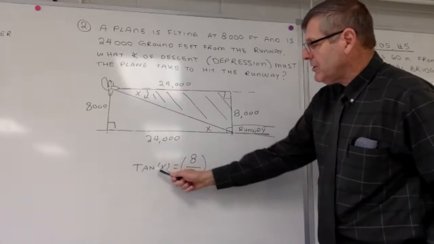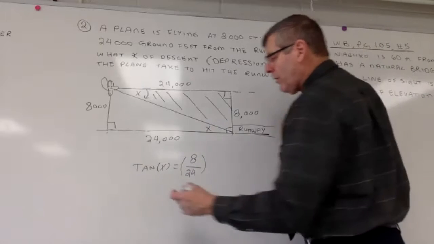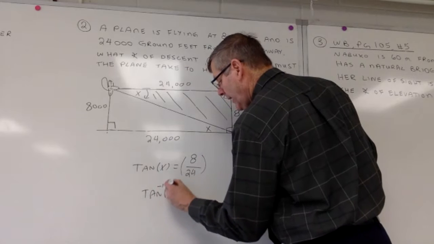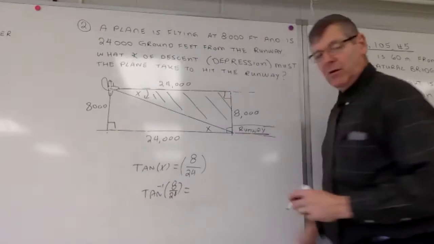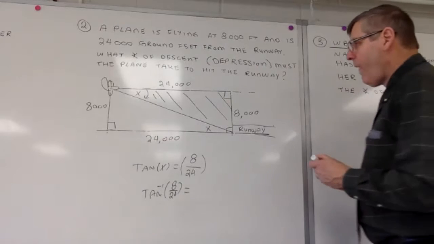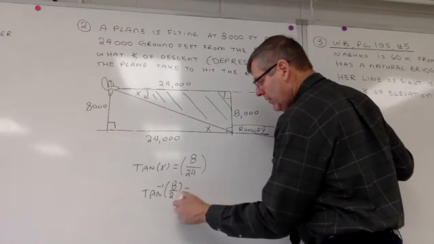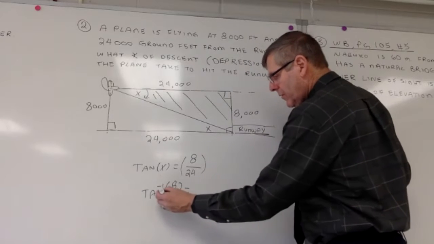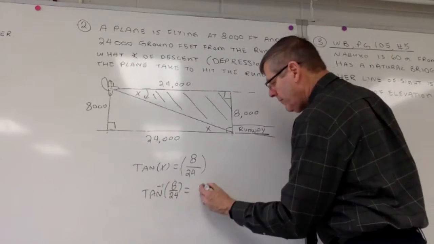So if I'm looking for the tangent of an angle whose ratio is 8 over 24, I know that if I take the inverse tangent of a ratio, it will give me the angle. Okay, so go ahead and do that and tell me what angle you get. 18.43.